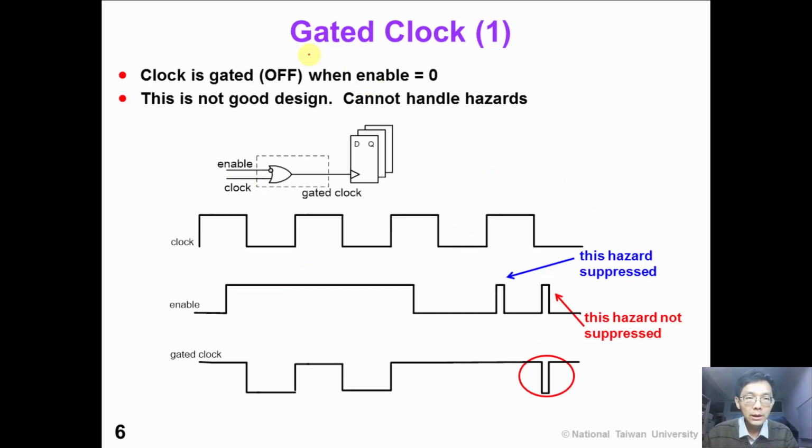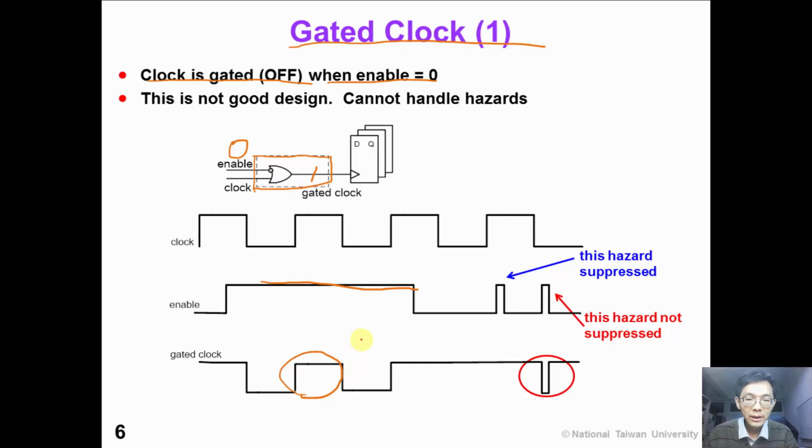Gated clock is a very typical low power technique. In this example, we have a very simple clock gating logic. When enable is 0, the gated clock is always 1, so the clock is turned off. On the contrary, when enable is 1, the clock will be turned on.